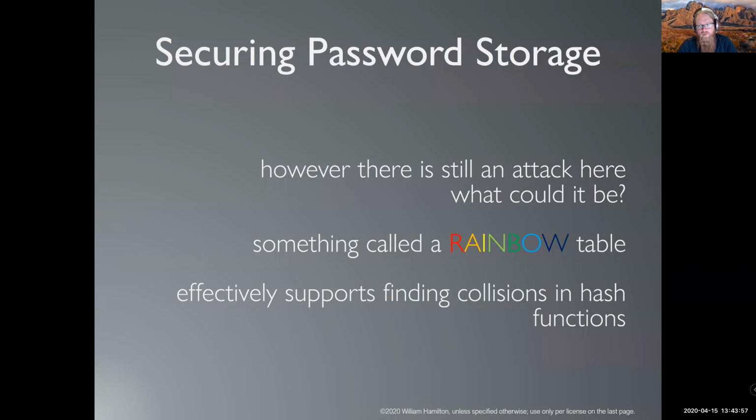There's a technique called rainbow tables, which is somewhat effective at finding collisions in hash functions. It's a big table that lets you look up potential collisions for potential hash values.